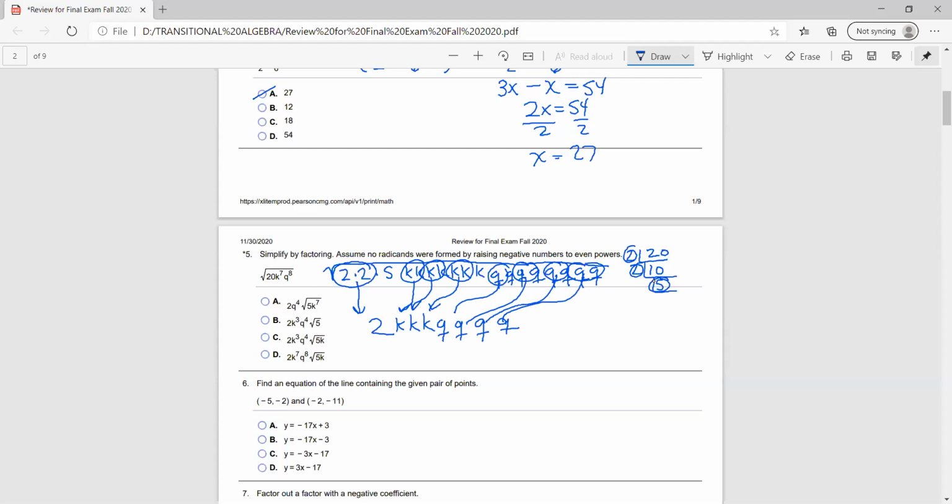Okay, and what we have left underneath is a 5 and a k that we did not mess with. So that's pretty much what we're going to have underneath. Since I've got 3 k's, that's going to be k to the third, and I've got 4 q's, that's going to be q to the fourth, sorry. So the right answer is going to be C here.